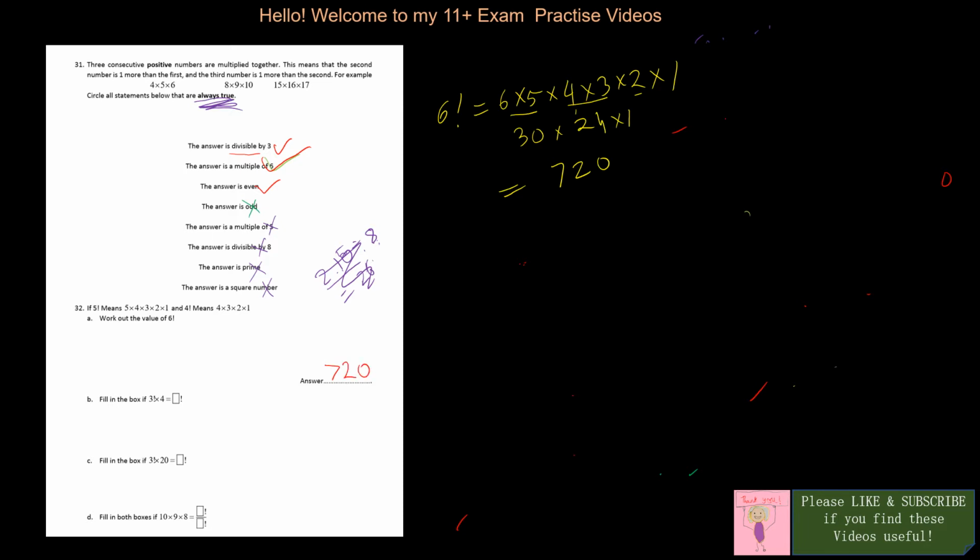Next they're asking, fill in the box: factorial 3 times 4 equals factorial what? Now factorial 3 is 3 times 2 times 1 and then we have 4.